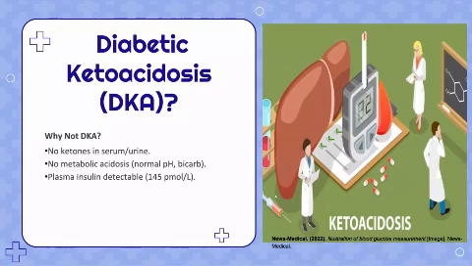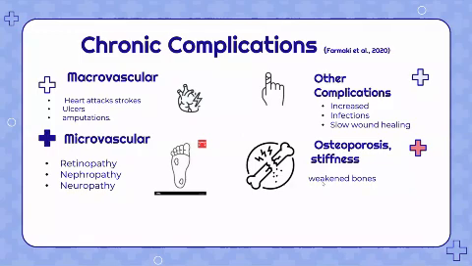And for the next slide, we have here a list of chronic complications for diabetes mellitus type 2. And some of the complications that are listed here are being observed or present with our patient. According to the Pharmacy 2020 article, we have chronic complications for macrovascular, microvascular, and also complications for osteoporosis and stiffness.